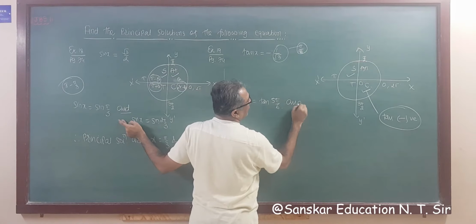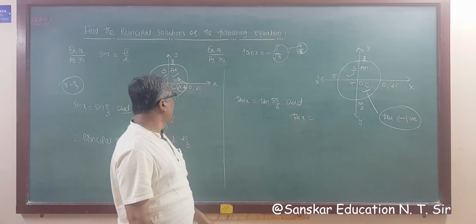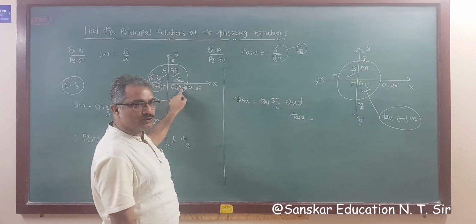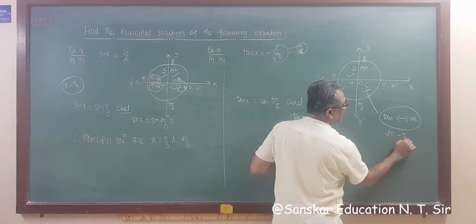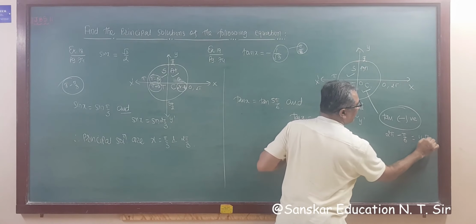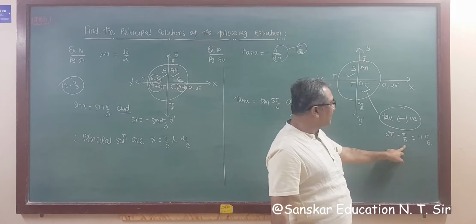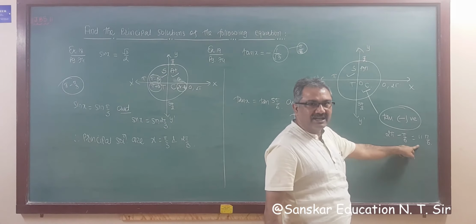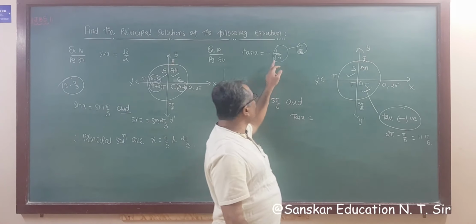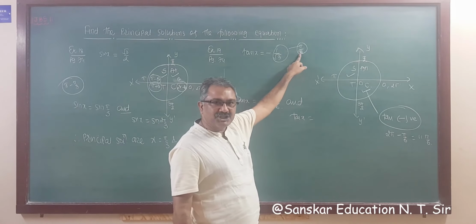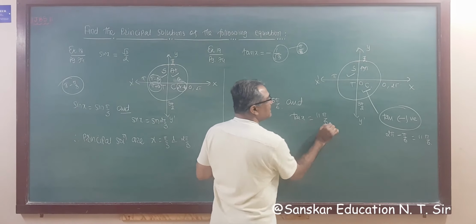And another value, x is equal to, now the fourth quadrant, 2 pi minus pi by 6, that is 11 pi by 6, 6 into 2, 12, minus 1, 11 by 6. Either 1 less than the double of the denominator. So the answer is 11 pi by 6, right?